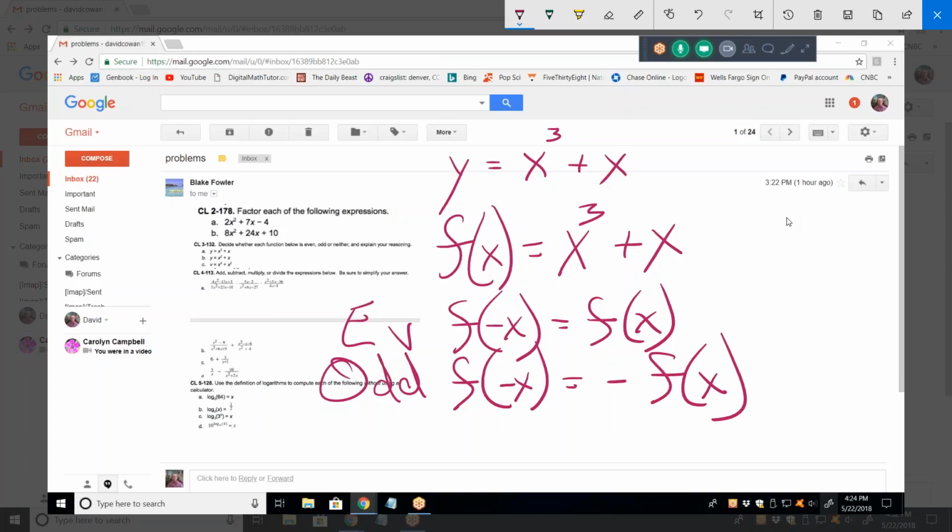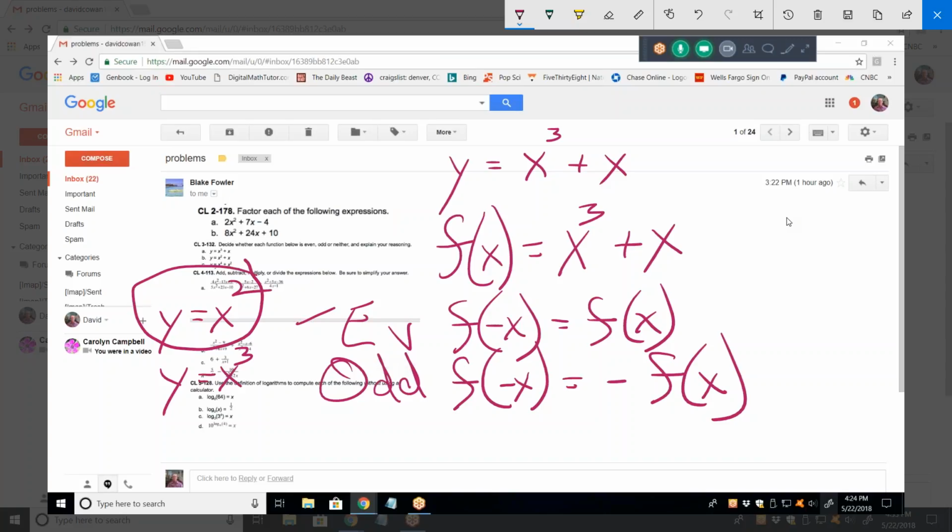One way to remember this is that your even functions are like that, your odd functions are like that. Notice that if I take that even function and substitute negative x, I get negative x squared, which goes back to x squared. So it satisfies the fact that f of minus x is equal to f of x.